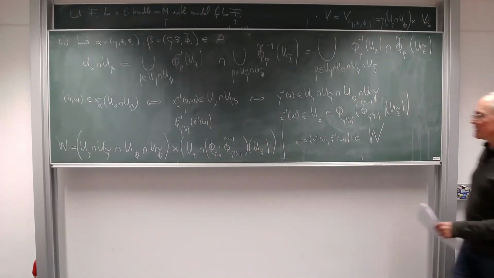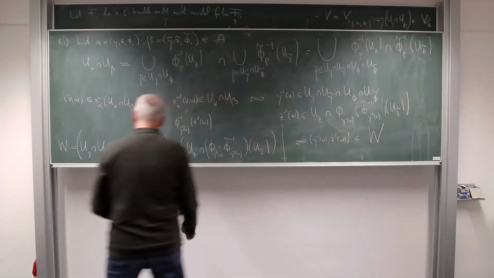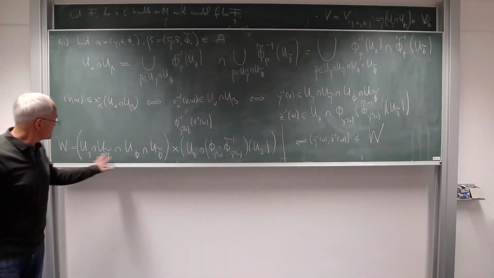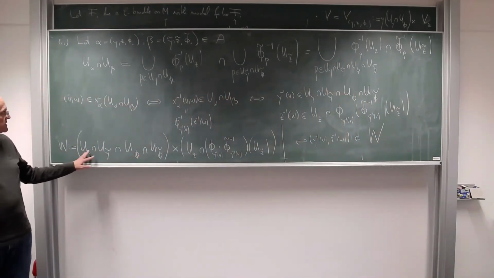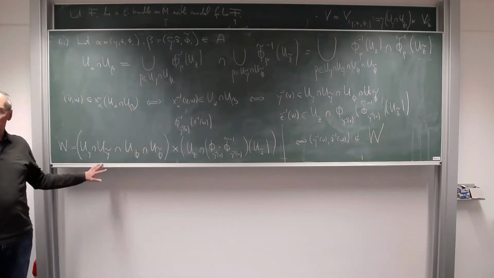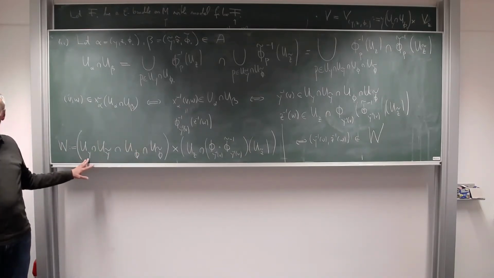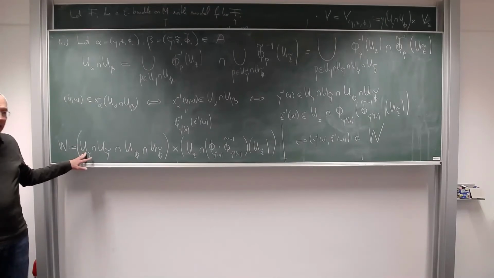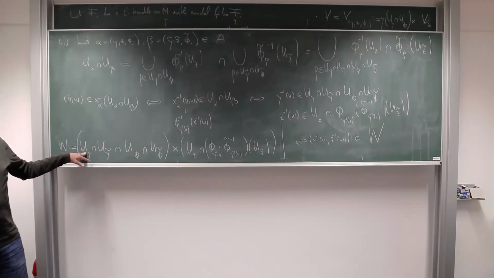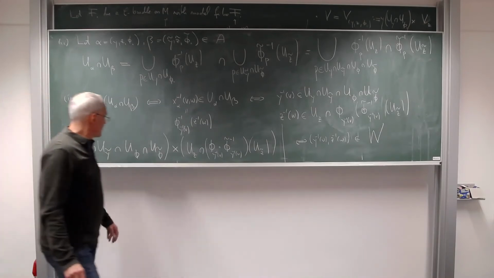Okay, well, so the first thing is not terribly bad, right? So this is an intersection of open subsets of the base manifold M. So it's definitely an open subset of the base manifold M. It's contained in u y, so the chart map y is defined on it.